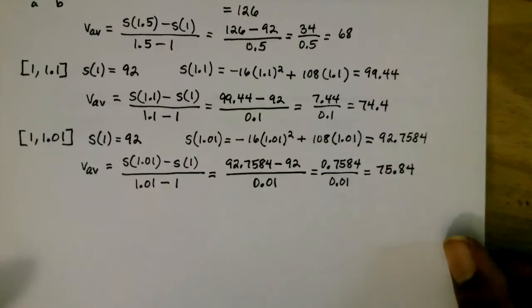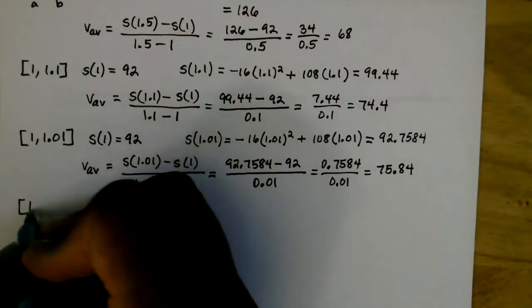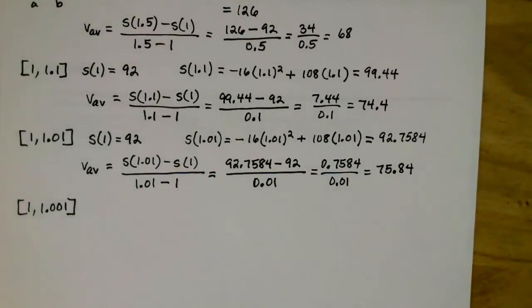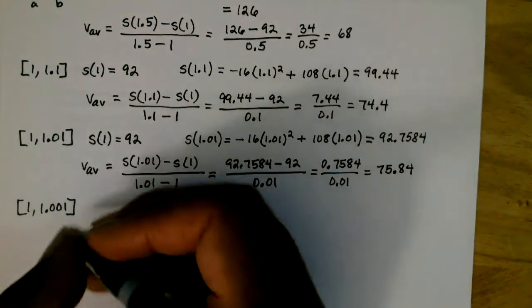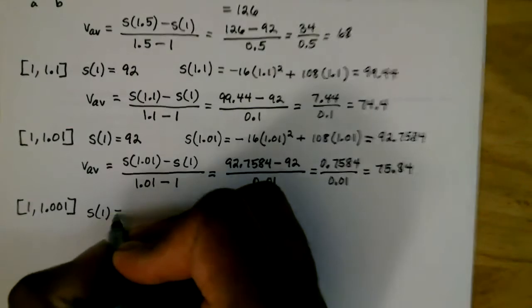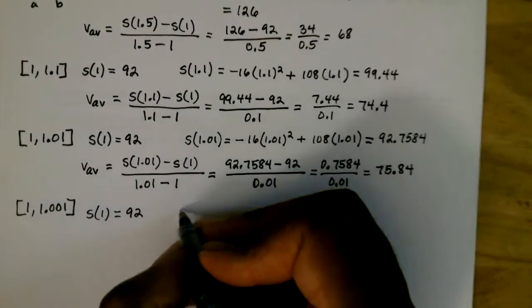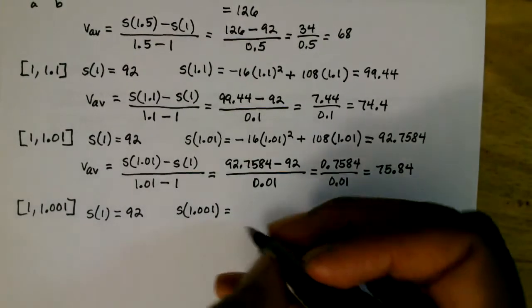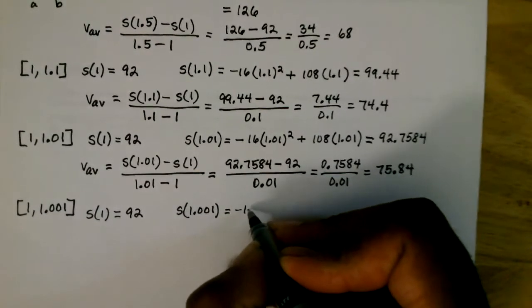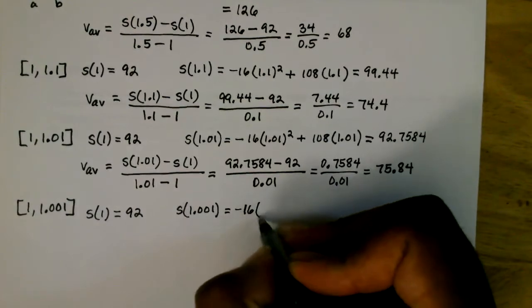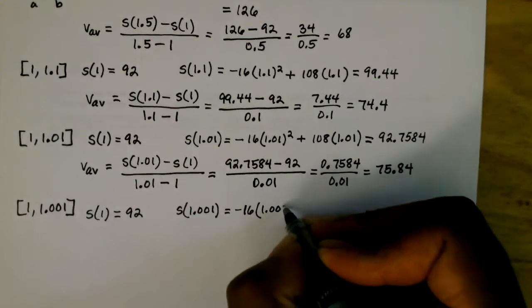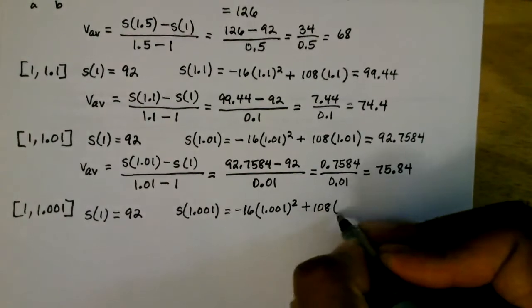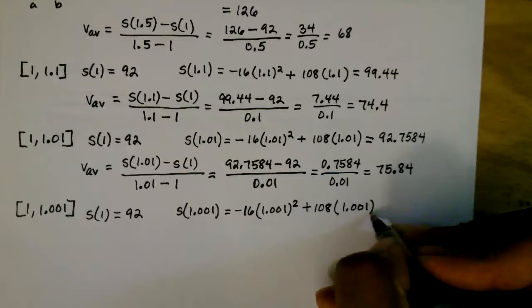And finally, from 1 to 1.001. All right, so here, S of 1 will still be 92. For S of 1.001, we substitute the t with 1.001. So this will be negative 16 times 1.001, and that's squared, plus 108 times 1.001.